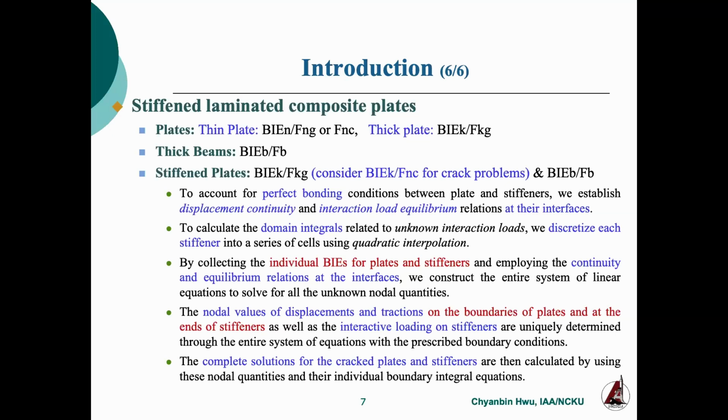If we get the nodal values of the displacement and traction on the boundary of the plate and at the end of the stiffeners, as well as the interaction loading conditions, the solution can be solved. And the complete solution for the cracked plate can be calculated by using the nodal values.